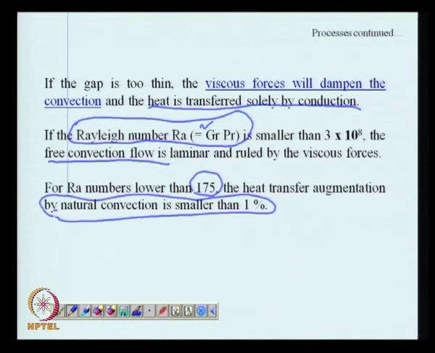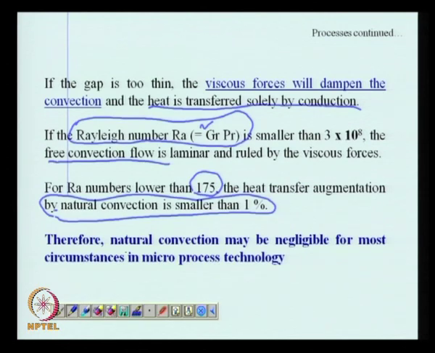So, this tells us that for most of the cases involving free convection in micro devices, the effect of free convection or natural convection can safely be neglected. So, natural convection is negligible for micro process technology.